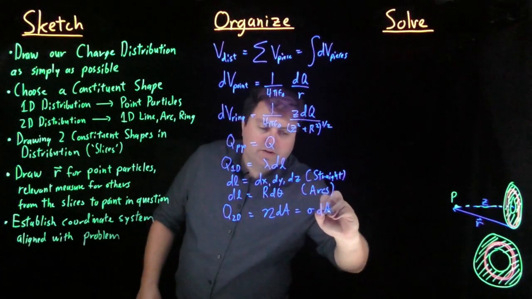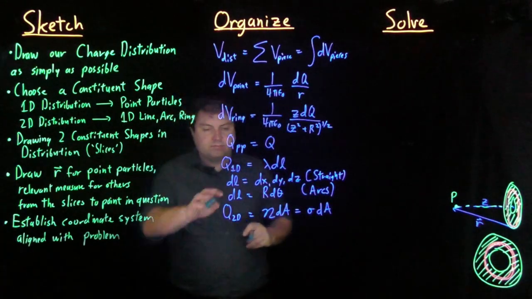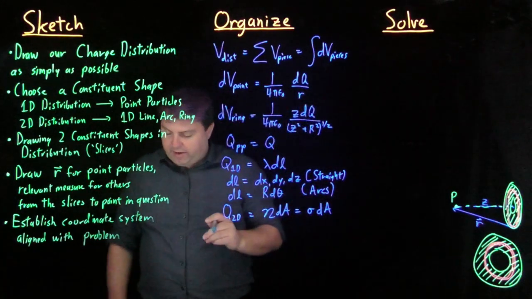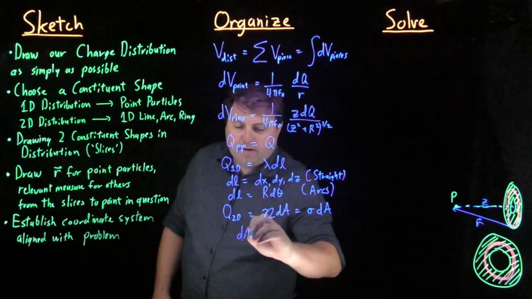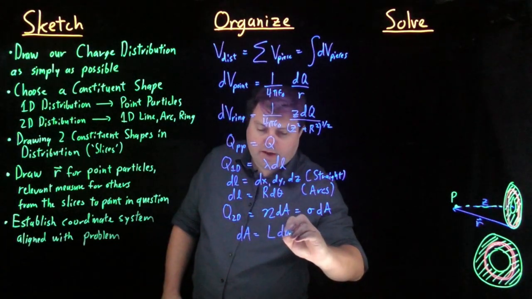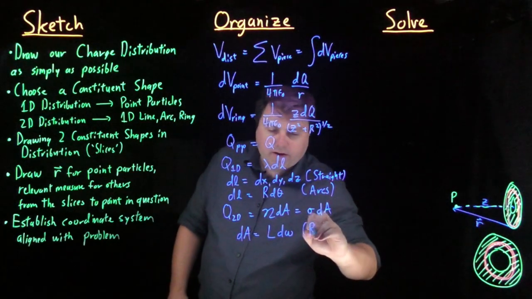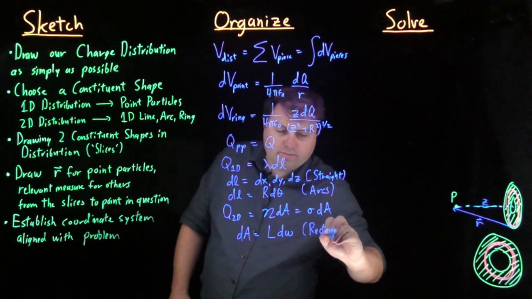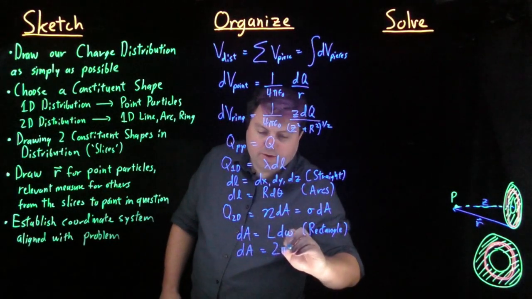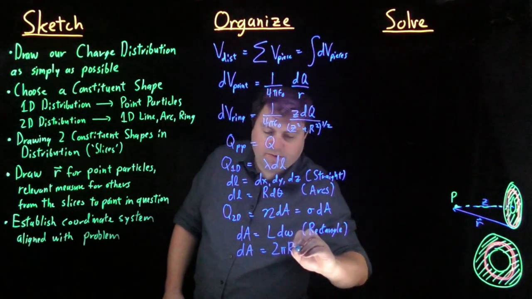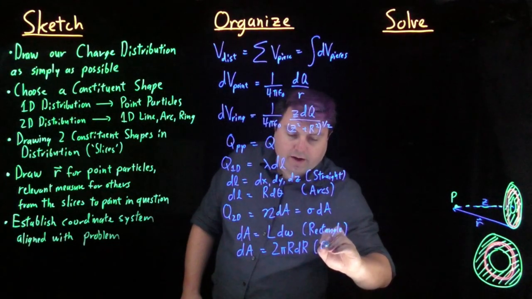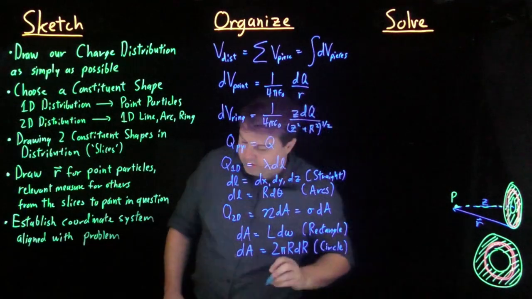Some other books use sigma dA. This is my charge density per unit area, and dA is equal to the length times the differential width for a rectangle. And my dA is 2 pi times the two-dimensional radius times the d of the two-dimensional radius for a circle.